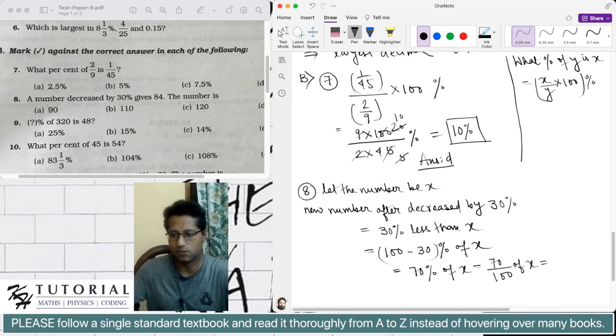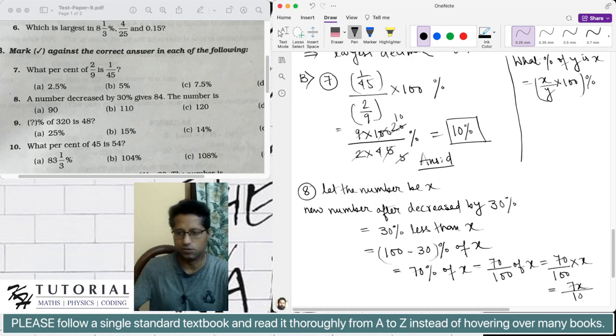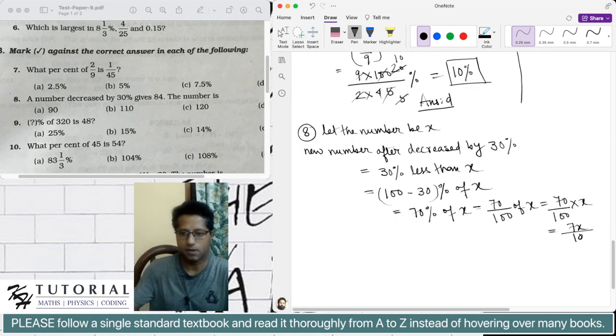Now of operator means multiplication, so this becomes 70 by 100 multiplied by x. After simplification, this is equal to 7x by 10. So this is the number after 30% decrease, 7x by 10, where we have assumed the number to be x.